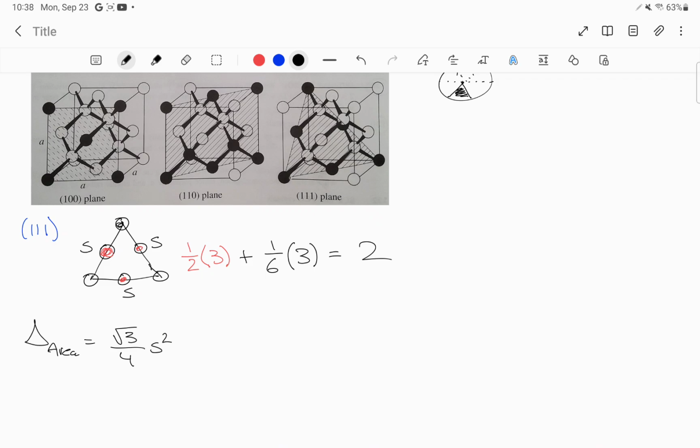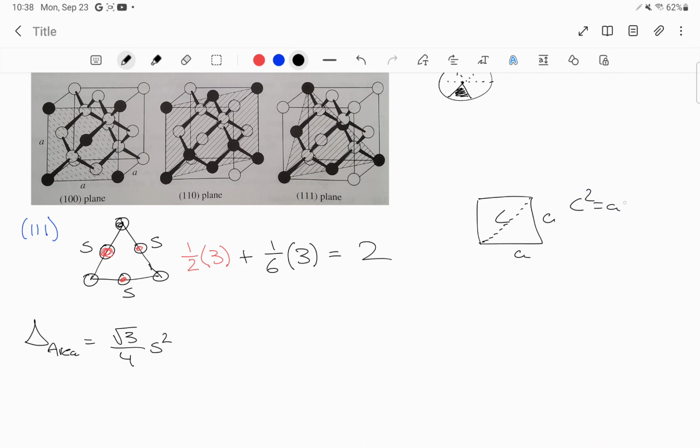Well, we see that the base of the triangle is cutting diagonally straight through the bottom face of the cube. So again, we want to know what this distance is, and we know what A is.